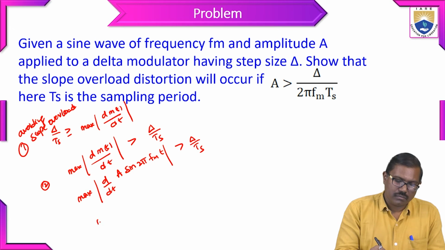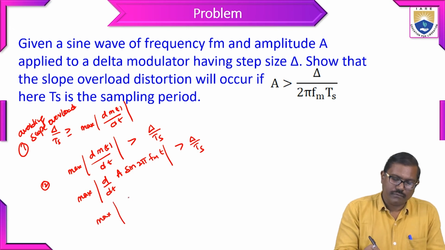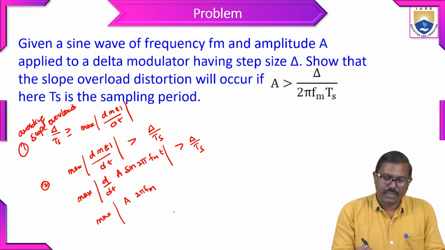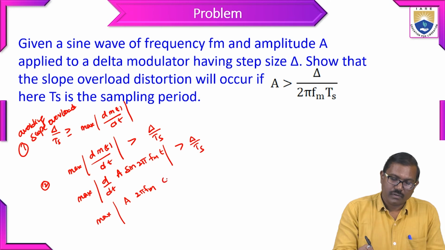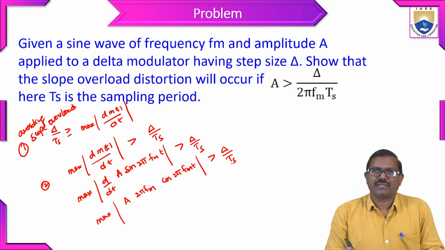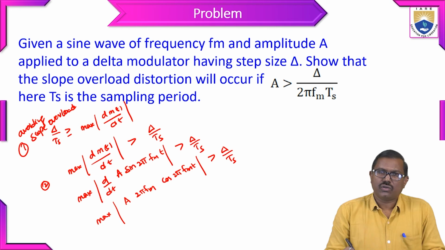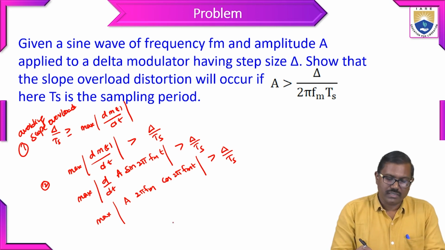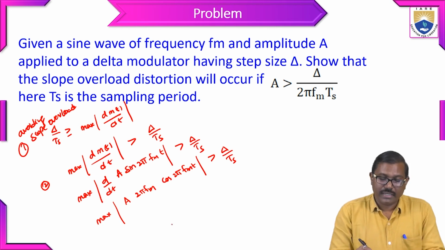So we get the maximum value of A 2 pi fm cos 2 pi fm t greater than delta by Ts. Here you can take A 2 pi fm outside, and the maximum value of cos is 1.